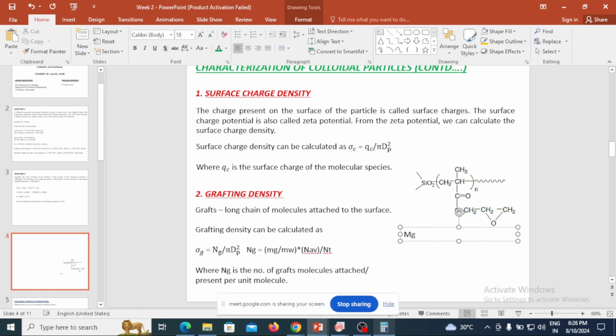So here Mg is nothing but the mass of the graft in the system. Mw is nothing but the molecular weight of the graft. NAV, you know, it is Avogadro number.